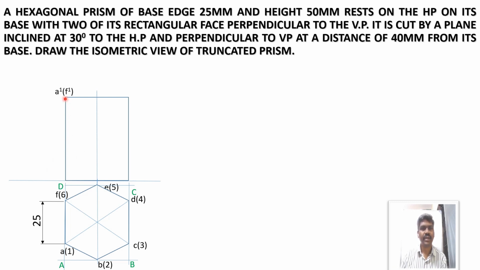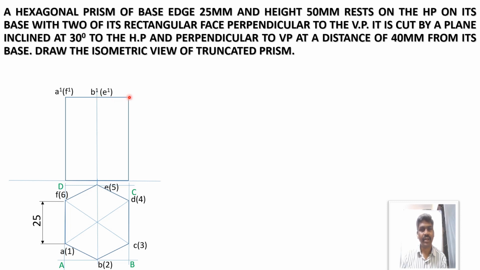So these are the top edges. This is the base edges. At this point A dash is visible, F dash is hidden. At this point B dash is visible, E dash is hidden.